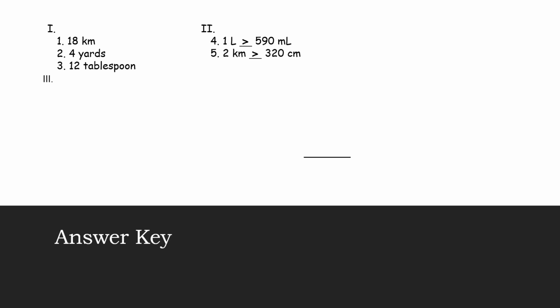If 1 kilometer is equivalent to 1000 meters, times another 100, so that is 100,000 centimeters. Since this is 2 kilometers, 2 kilometers is equivalent to 200,000 centimeters.